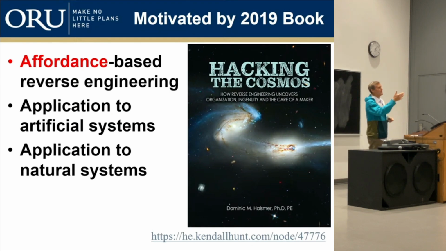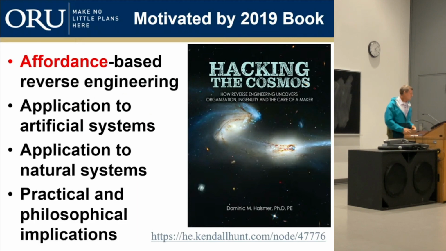The chair you're in affords sitting. It's a really simple idea. But with complex systems, you have lots of part-to-part relationships or affordances that ultimately lead to an end-user affordance. So this gets into the complexity of these natural systems. It helps us to think through them. And then finally, I look at practical and philosophical implications.